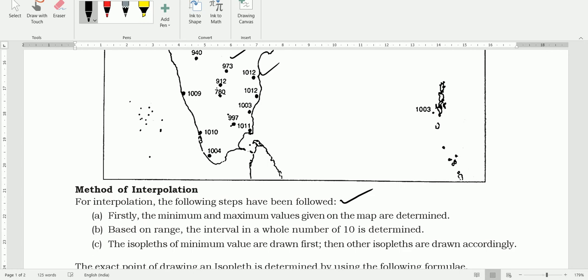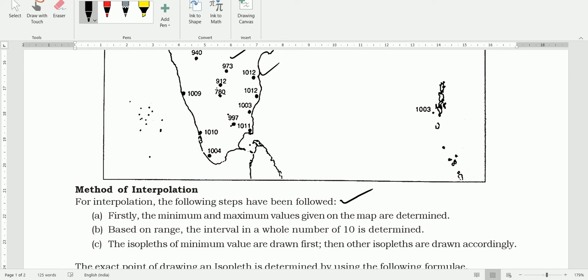Then, based on the range, as I told you in the previous lessons, if the range is not big, we may apply the formula, the technique used earlier. But if it is too wide, then simply by observation you may determine the class interval.